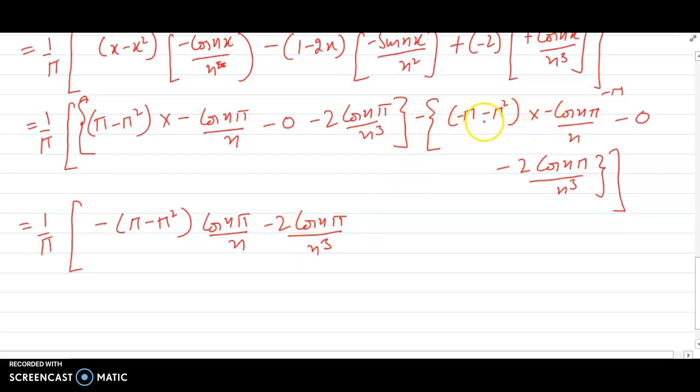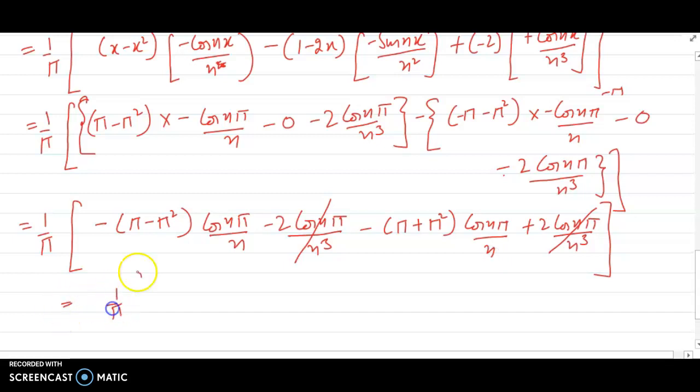If this is minus minus plus minus minus, I will get here minus pi plus pi square into cos of n pi. This is minus, outside is minus, I will get plus 2 cos of n pi by n cube. This term and this term will cancel out. There is by n.